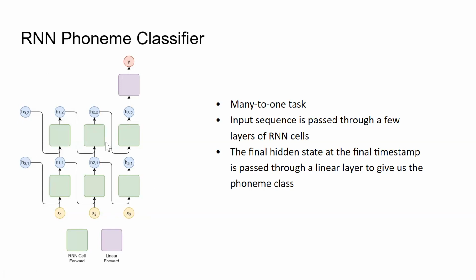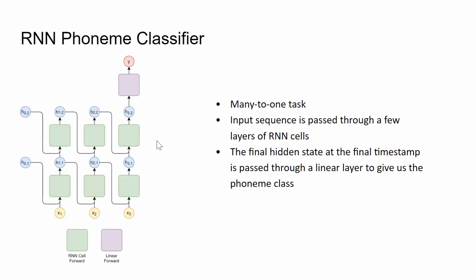This task is a many to one task. You can think of X1 as the MFCC at time step 1 and X2 as the MFCC at time step 2, and you take in a sequence of MFCCs and want to output one phoneme, which is Y.